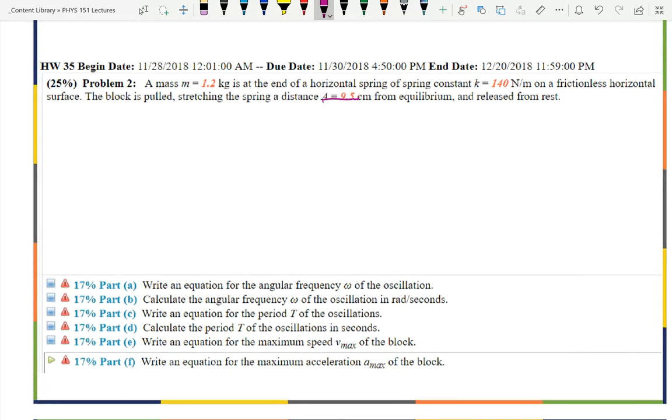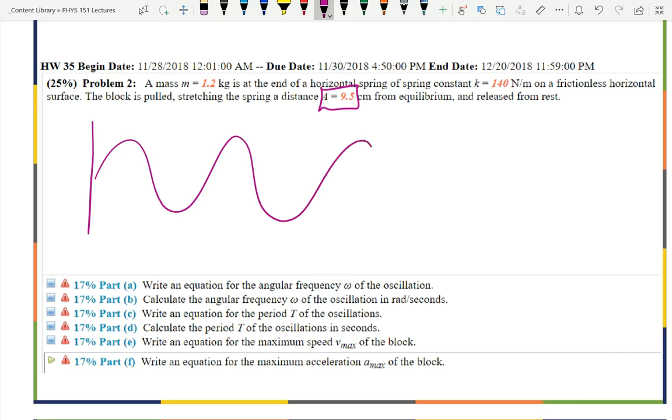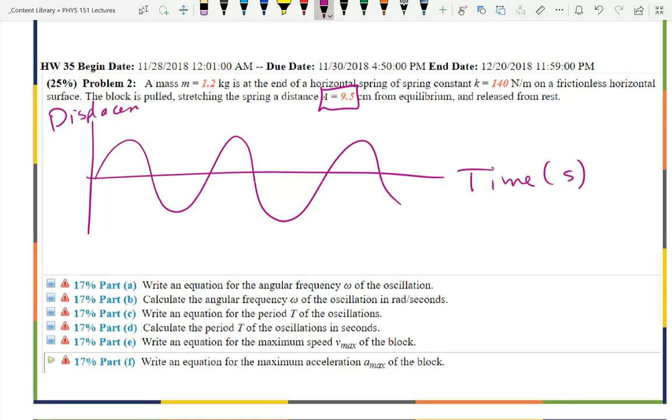What do we call this number here? The A is there for a reason. No answers?